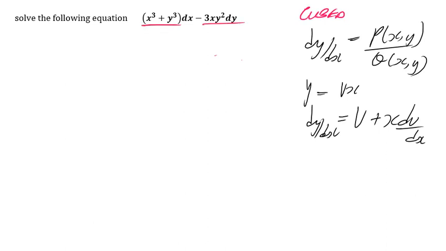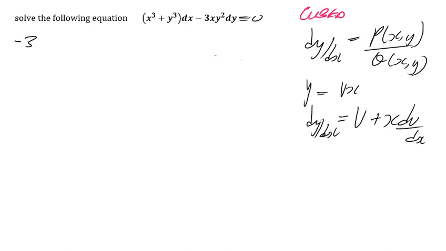Okay, so let's write our equation in standard form. You have to equate it to 0. Then you take dy over dx to the other side.